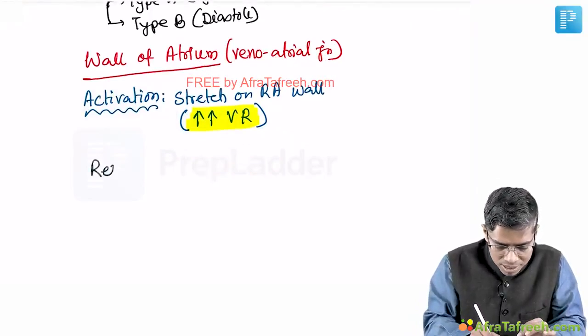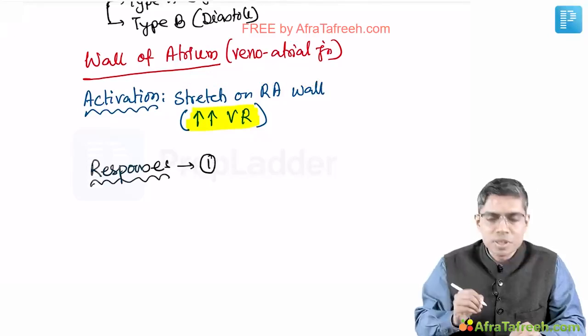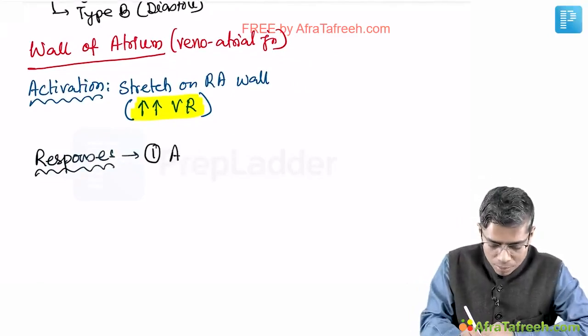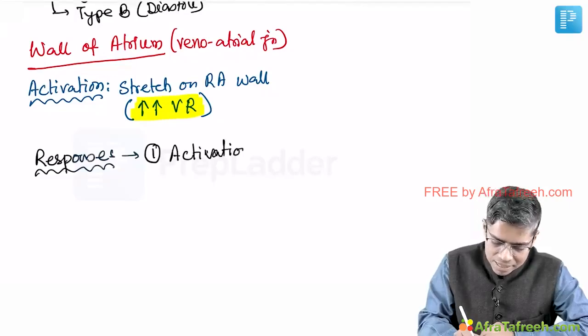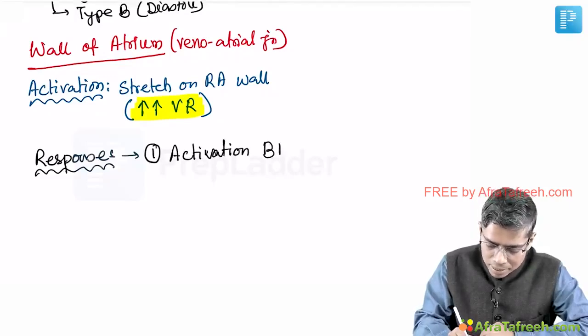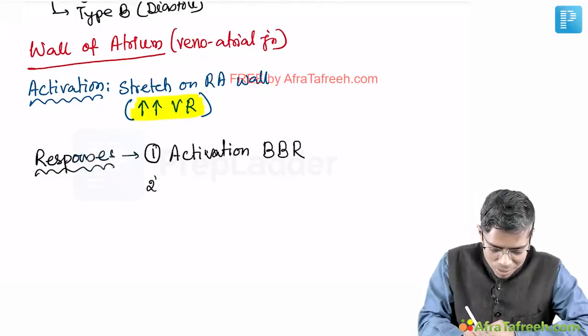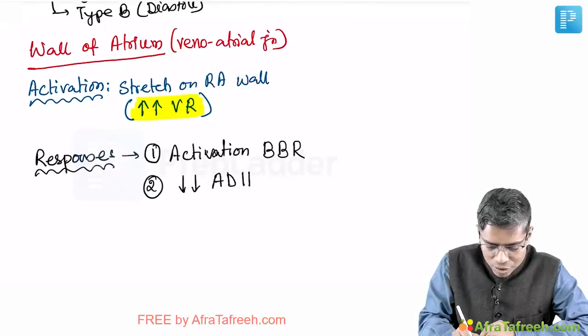Right. Now if this receptor is active, what is the response? Number one, activation of the low pressure baroreceptor will lead to activation of one reflex, the Bainbridge reflex. It will also lead to decreased production of ADH hormone.